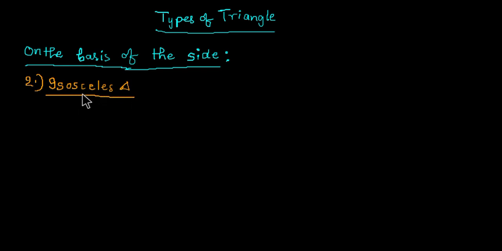The word iso is used in mathematics for two identical things, like same things. So what is an isosceles triangle? An isosceles triangle is a type of triangle on the basis of sides, in which two sides of the triangle are equal. Then we can say that this type of triangle is an isosceles triangle.